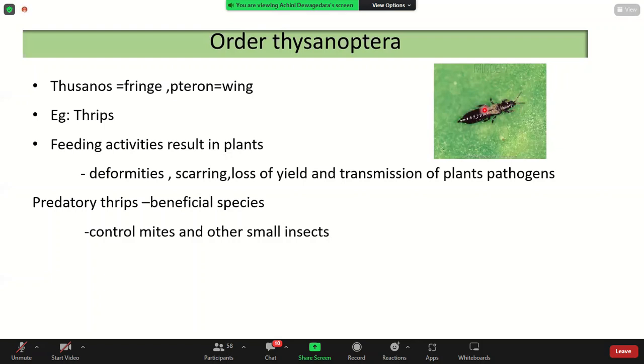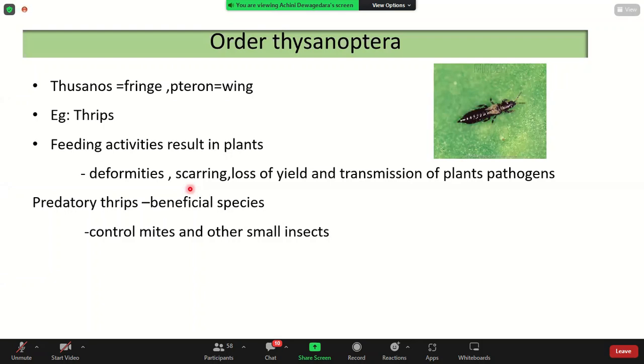Looks like ants, but thinner and longer than ants. And they also are sucking insects. They suck the sap from the plants, and because of these thrips, these are the damage they do to plants: the leaves are deforming, scarring, yield loss, and transmission of plant pathogens, viral diseases.